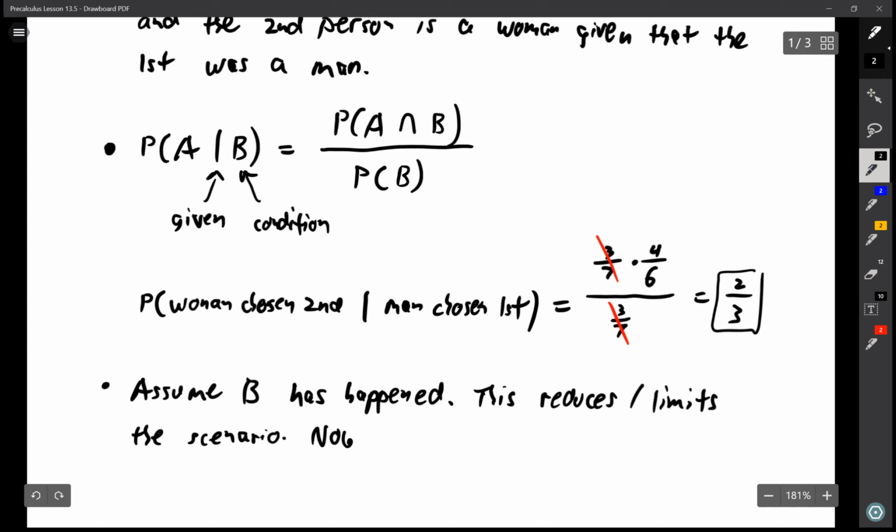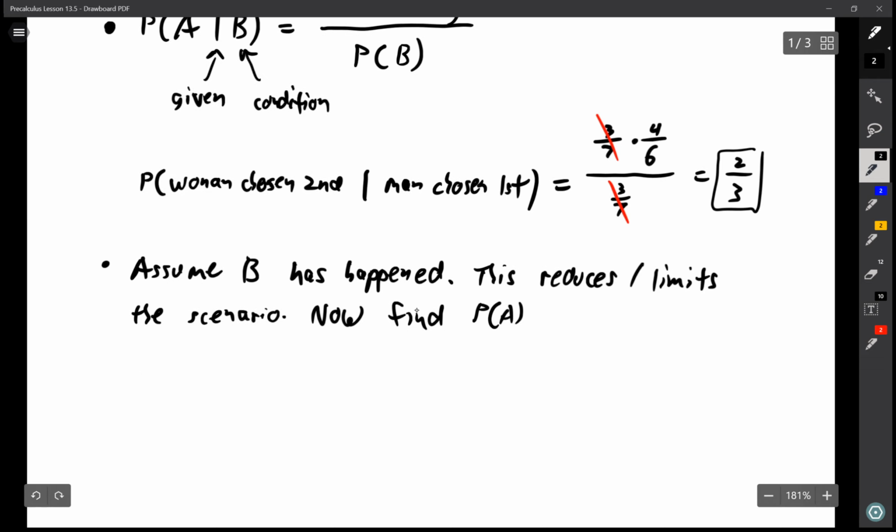Now find P of A. For this one, take the group of 7 people. After B happens, we now have 4 women and 2 men.